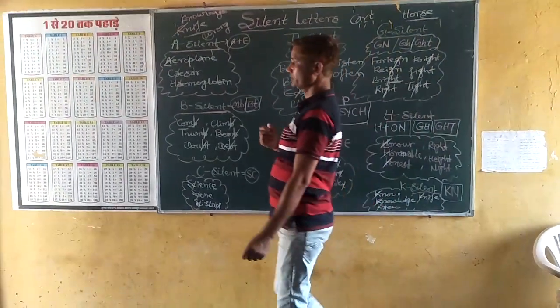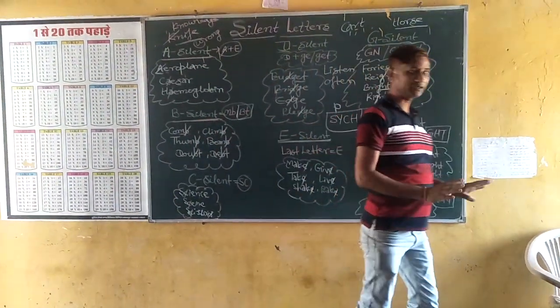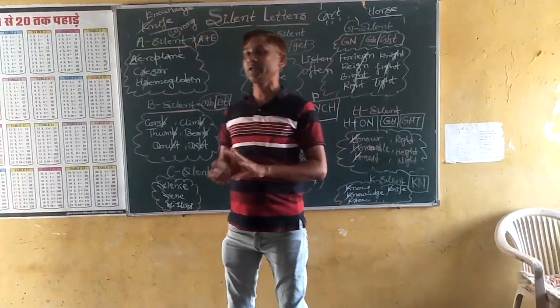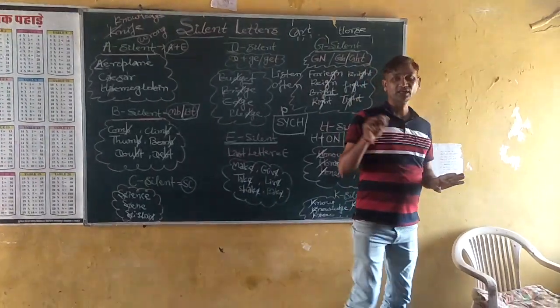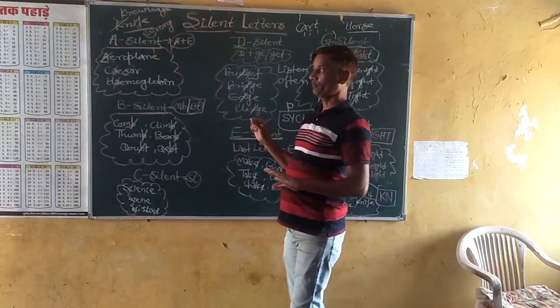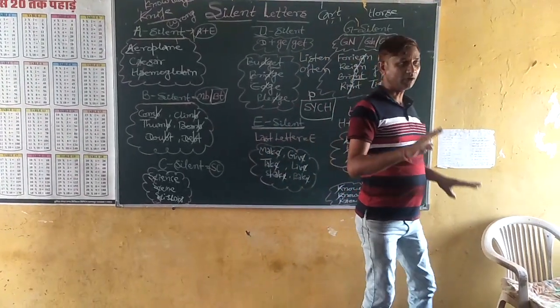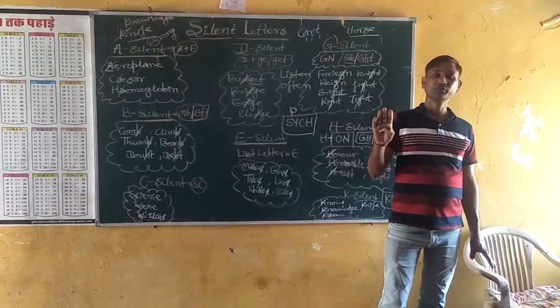Okay. Now we will know R silent. There are two conditions for R silent. First condition is this: when the last letter of the word is R, then letter R will be silent.